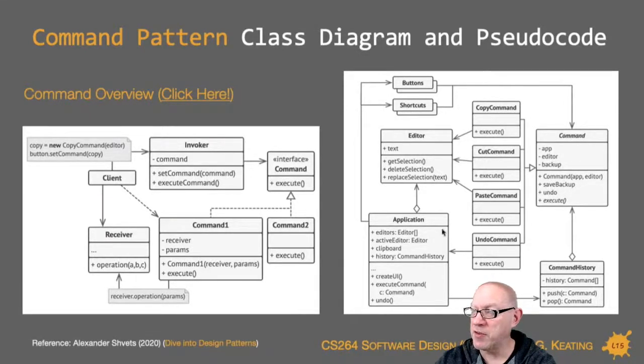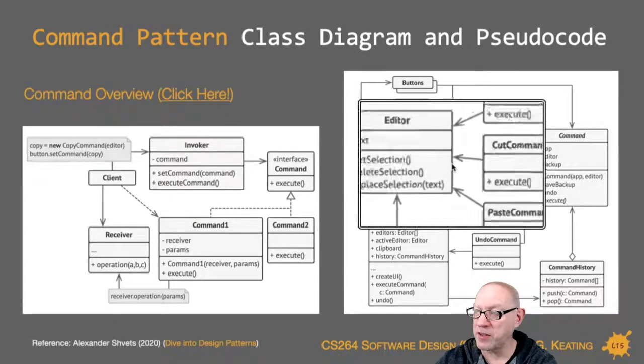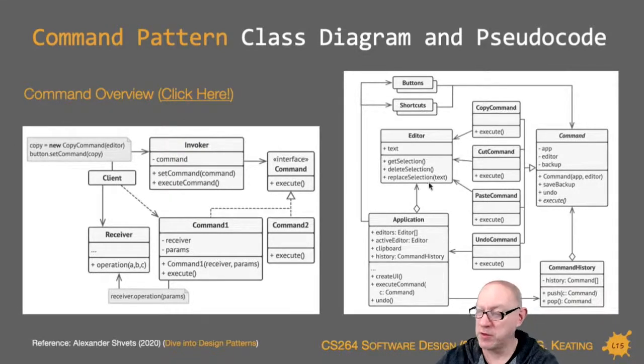And they have different receivers. Okay? An undo command, for example, is sent to the application, whereas the copy, cut, and paste commands are sent to the editor. And then we have buttons, essentially, which are equivalent to the invoker, and/or shortcuts. And in your case, for your examples, they're not buttons; they're just commands that are typed from the keyboard, and they will allow you to be able to make this happen.